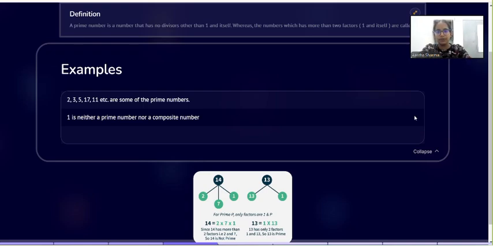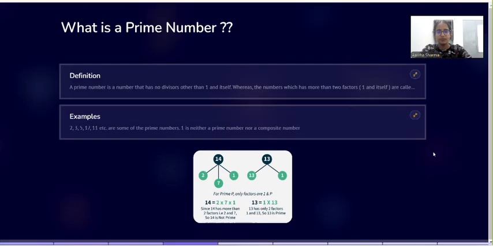And the point to note here is that one is neither a prime number nor a composite number. Here, as you can see, 14 can be written as a product of three factors, 1 cross 2 cross 7. Since it has more than two factors, it won't be considered a prime number and it would fall under the category of composite number. On the other hand, 13 can be broken into the product of only two factors, that is 1 cross 13, so it will be considered a prime number.